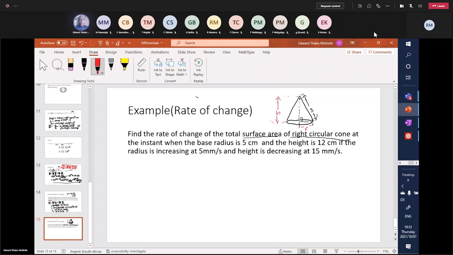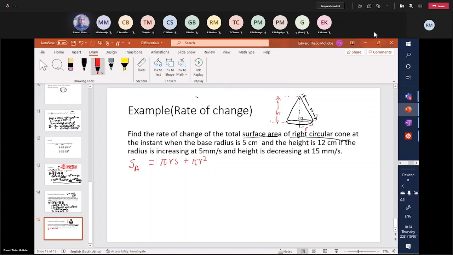Okay, now our surface area, I'll just write SA, is equal to pi R S plus pi R squared.